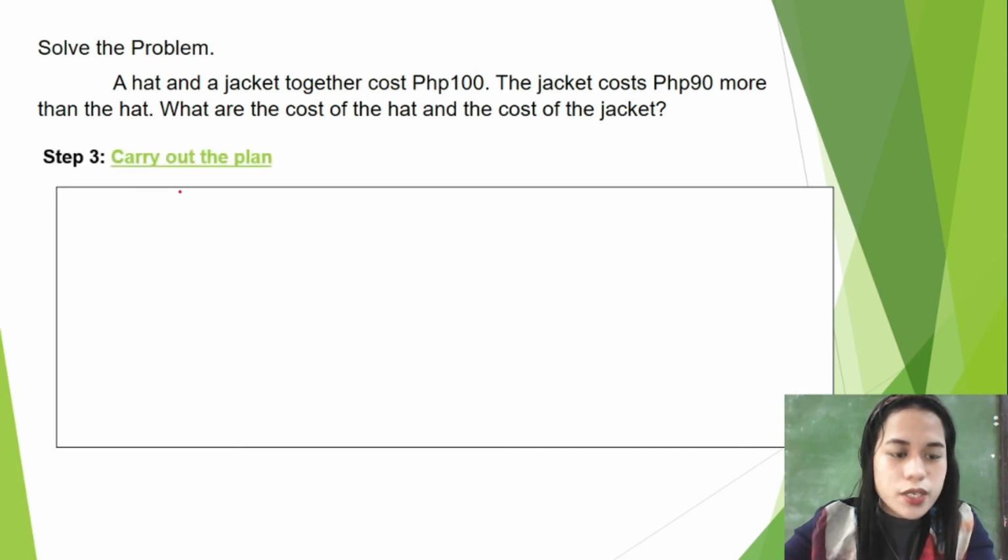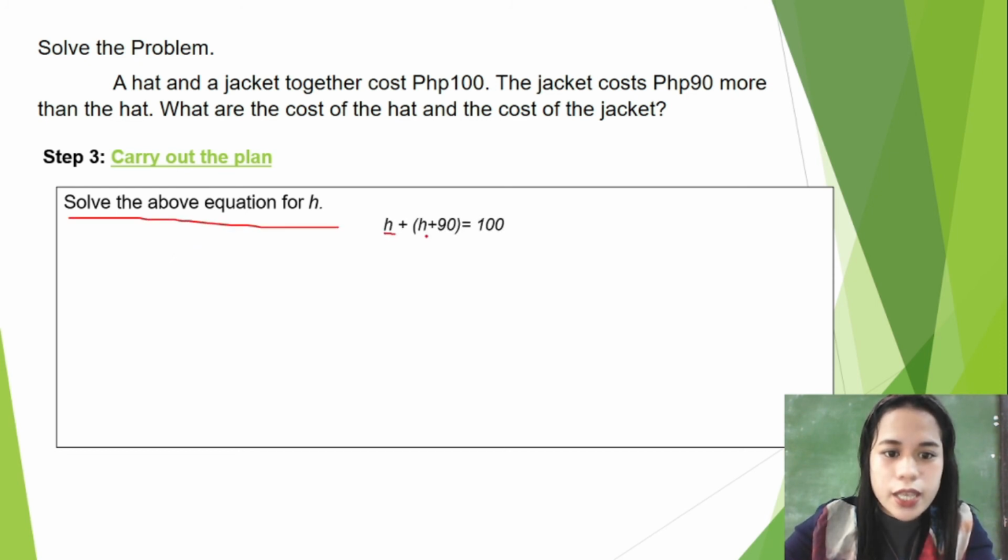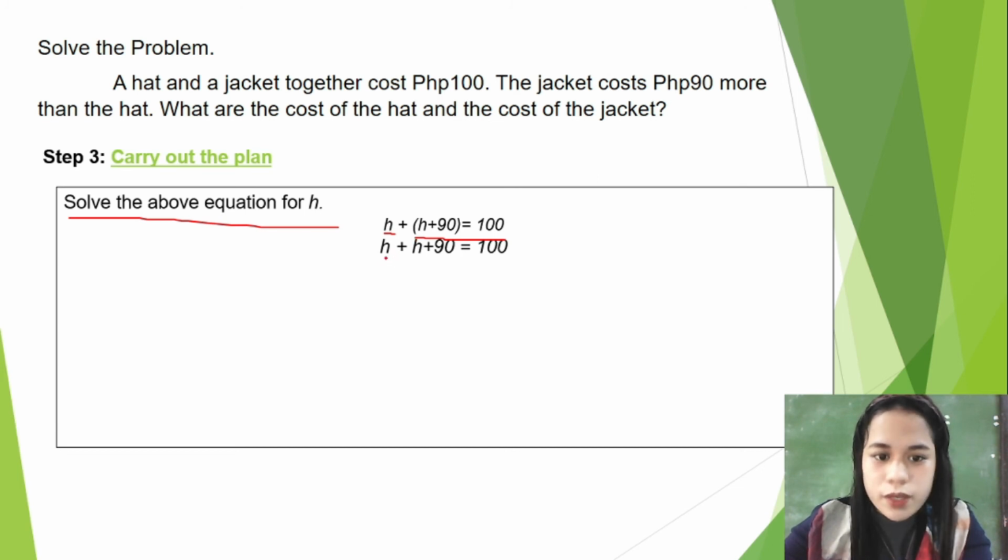So in our third step, we need to carry out the plan. In solving the above equation, H plus (H plus 90) is equal to 100, we just remove the parentheses para hindi kayo malito. So we combine like terms, H plus H is equal to 2H, then we just copy 90, then it is equal to 100.